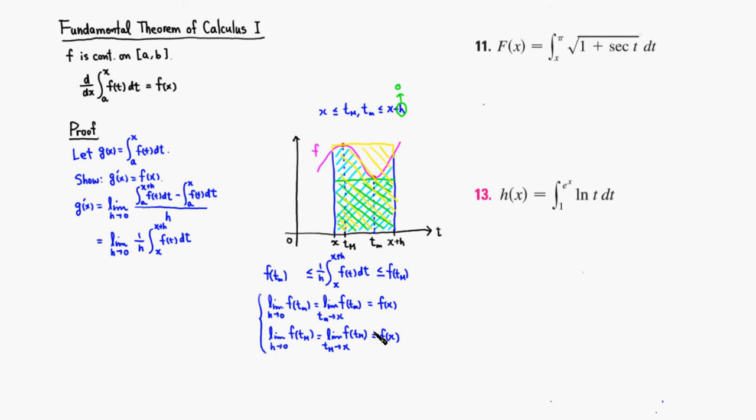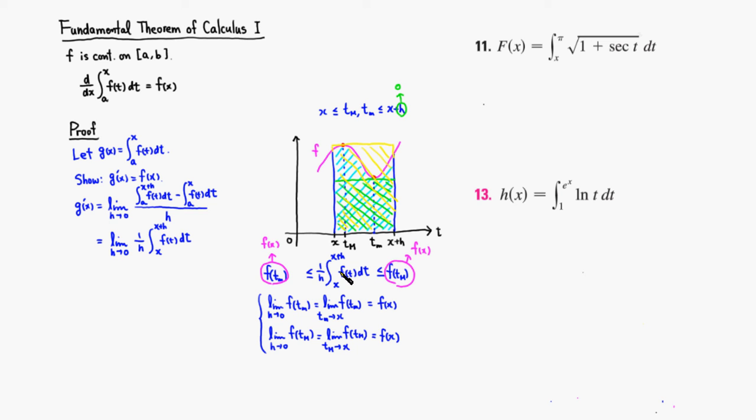All right. Then we notice that you have three things. You have the smallest guy, the middle guy, and the largest guy. When the smallest guy approaches f of x, and the largest guy also approaches f of x, the middle guy has to approach f of x by the squeeze theorem.